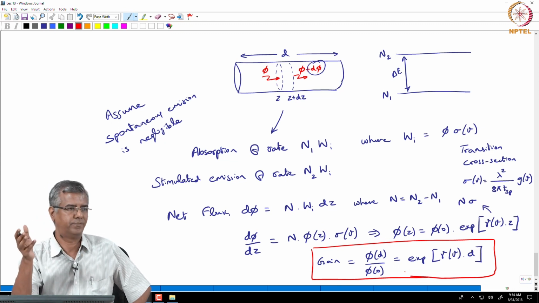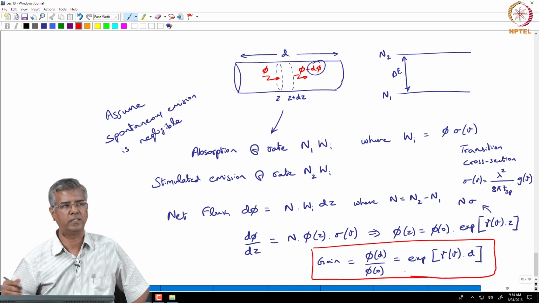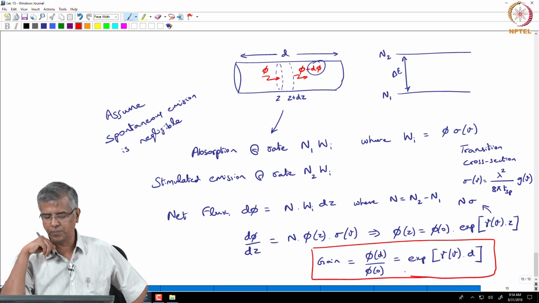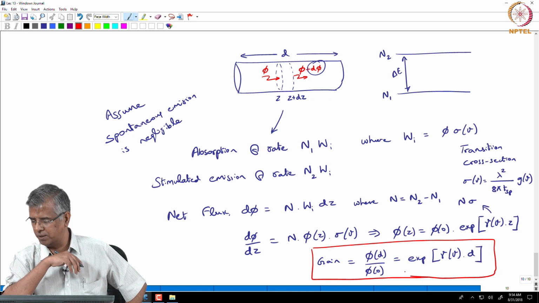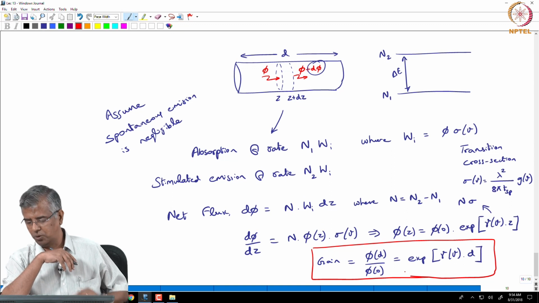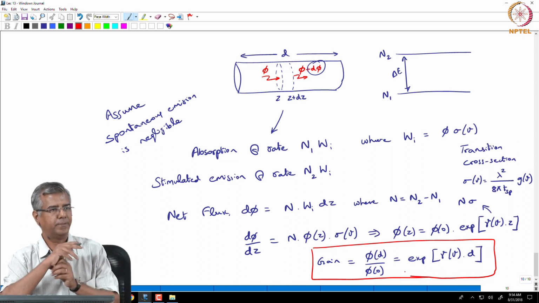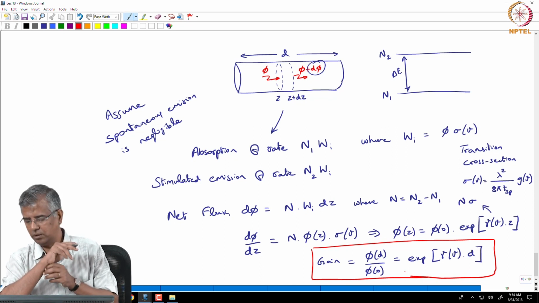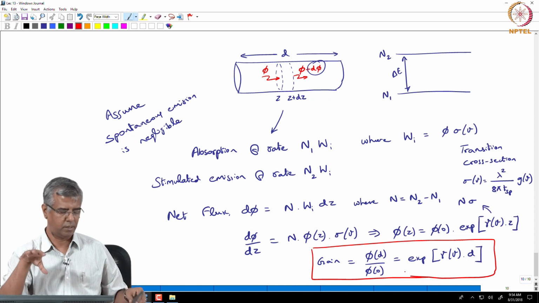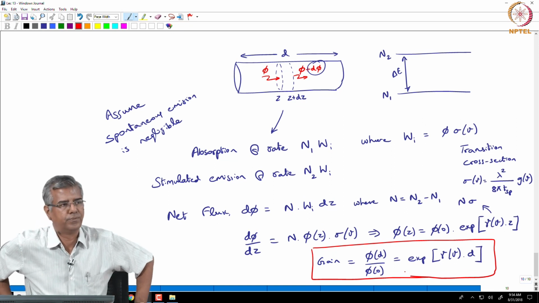But the inversion you can change through the pumping, which we have not considered here, but moving forward we will actually look at the traditional systems, like we can take the example of erbium and see how the pumping happens, how we get inversion, and through that inversion how we get gain, okay. So, this is just a simple model, but like I said, we'll go into more details as we move on, okay.